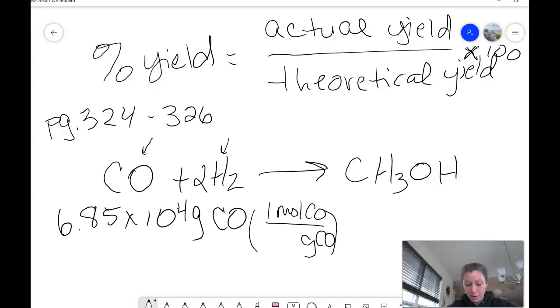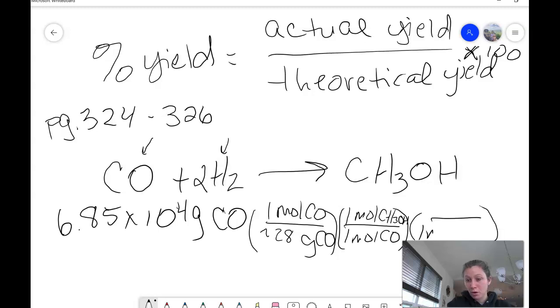Okay, so if I go through the work, carbon monoxide is 12 plus 16, so this is about 28 grams. Using the balanced chemical equation, 1 mole of carbon monoxide is used to form 1 mole of methanol.